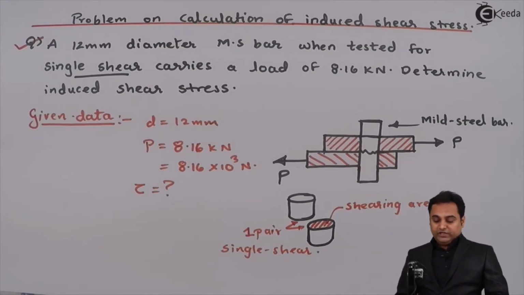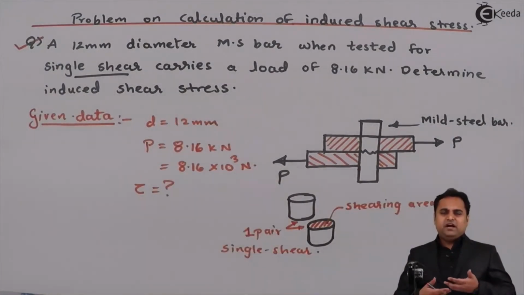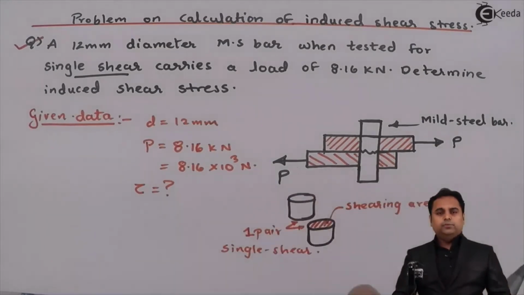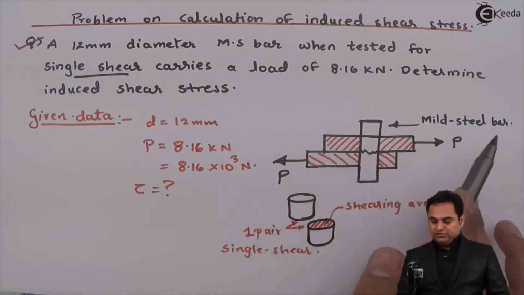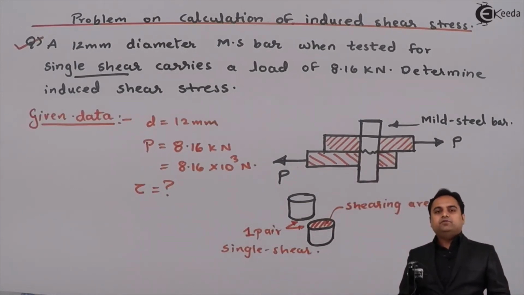And now we have to calculate the induced shear stress, that is when we have been applying this load, because of that how much is the shear stress which is induced in the mild steel bar, that we have to calculate. So let us try to get the solution for this problem.